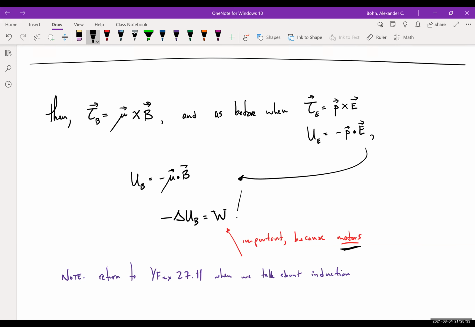But what else can we do? If we can get the electric energy from the EMF source to the load, to the thing that requires current, if the thing that requires current is a loop that lives in a magnetic field, we can convert the energy that we stored in the capacitor or the chemical potential energy represented by the EMF, the battery, or the power supplied by our power grid.